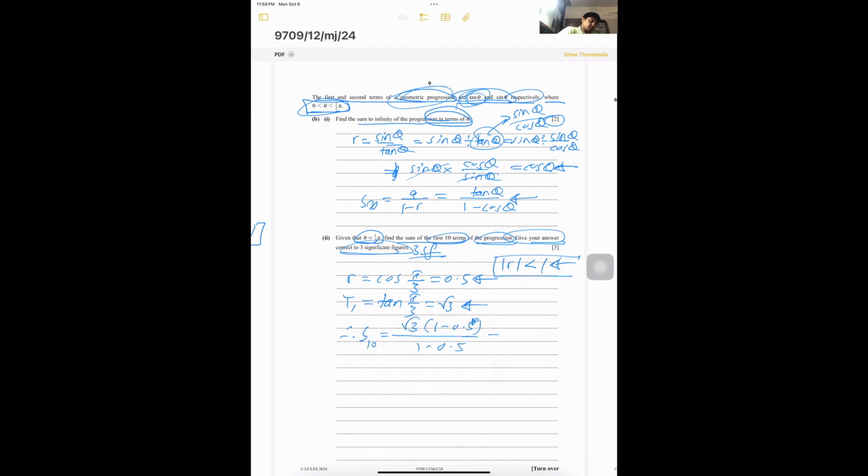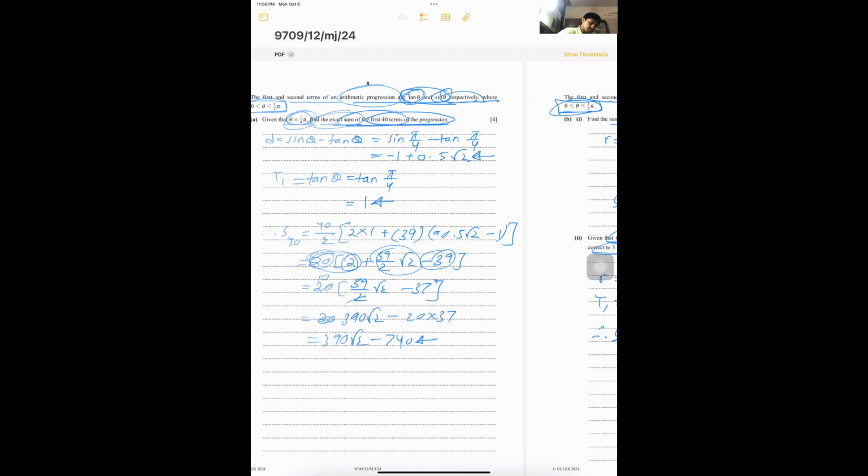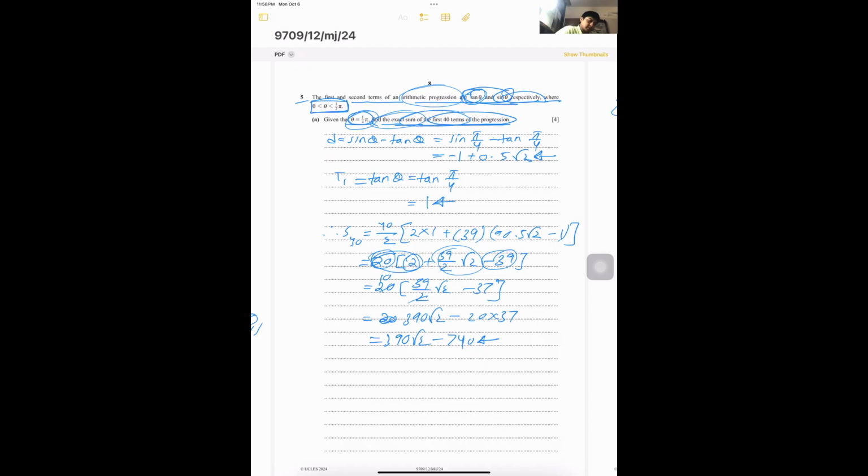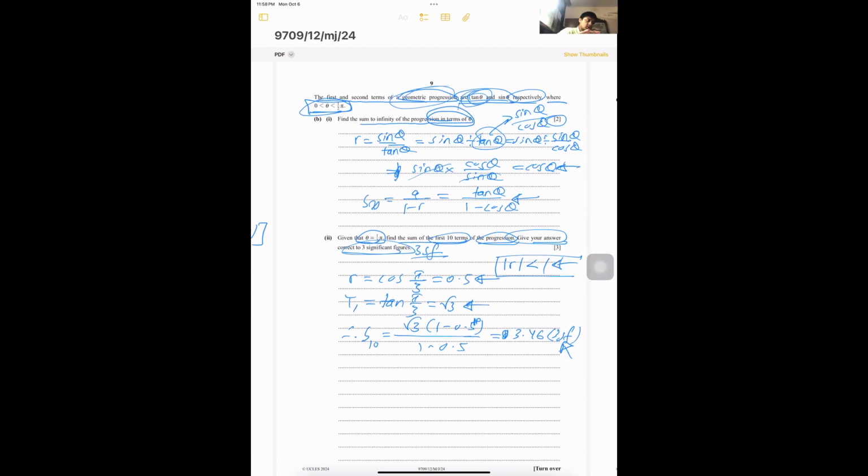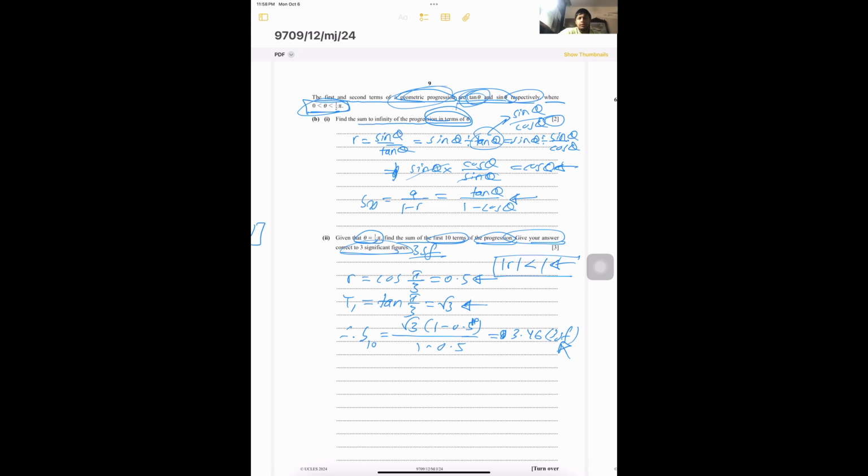So the answer is 3.46, in brackets 3 SF. So that is question number 5. I think it was relatively easy compared to some other APGP questions they give.